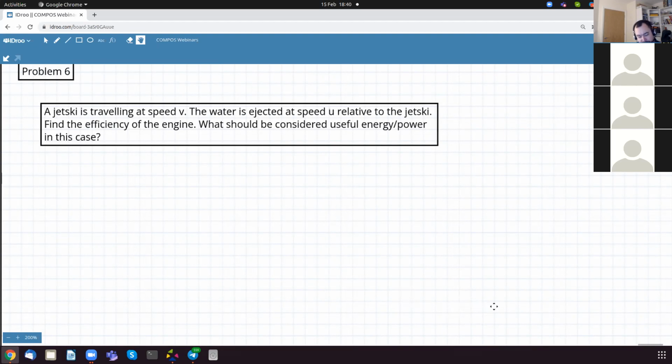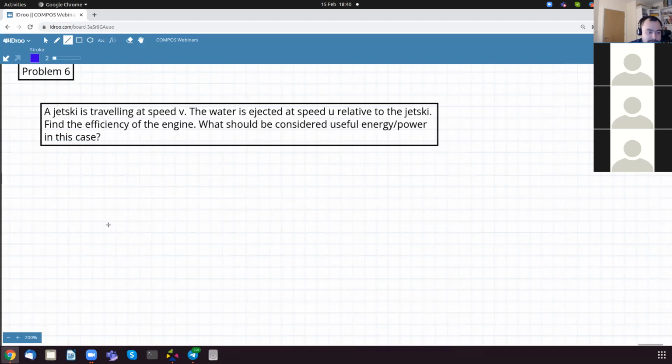Find the efficiency of the engine. And this sounds very far-fetched in a way. So how do we do it?